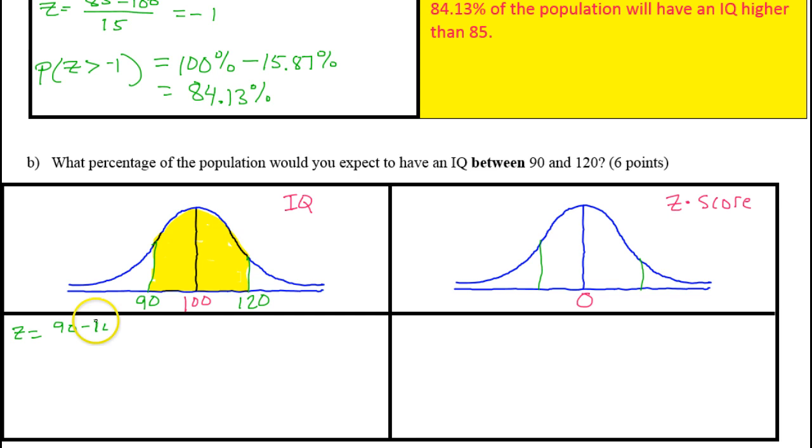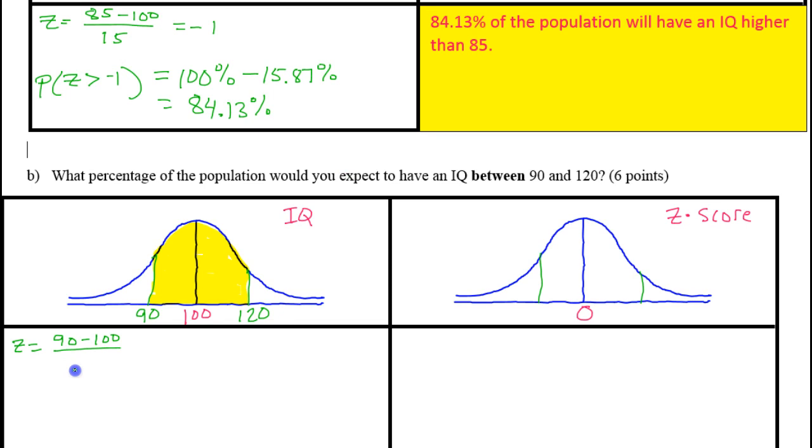I'm going to subtract the mean and divide by the standard deviation, which was 15. Okay, so let's see. That's going to give me a z-score of negative 0.67. Now let's find the z-score that goes with the 120.